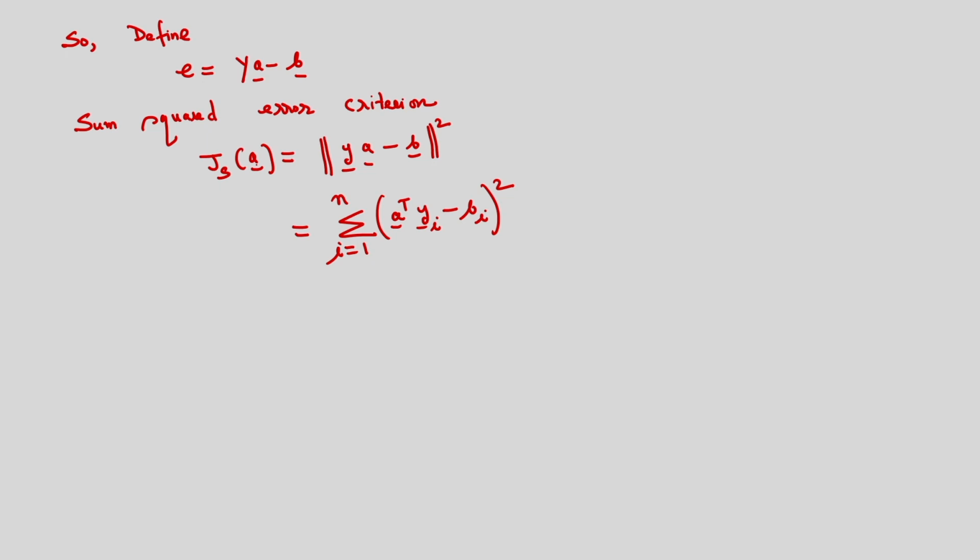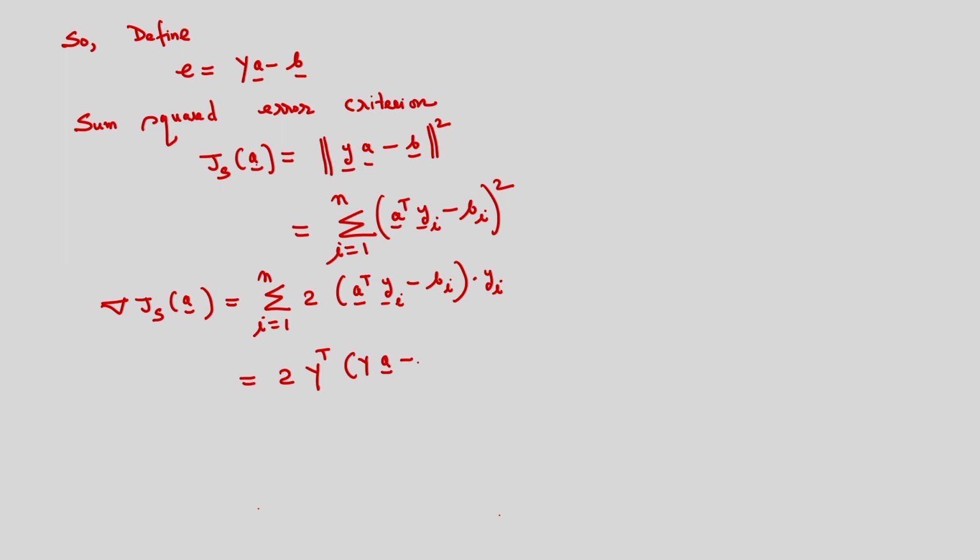So now I have to determine the gradient of this error function. If I take the gradient of JSA, the gradient will be summation from i is equal to 1 to n of (A transpose yi minus bi) into yi. In the matrix form I can write like this: twice Y transpose (Ya minus b).